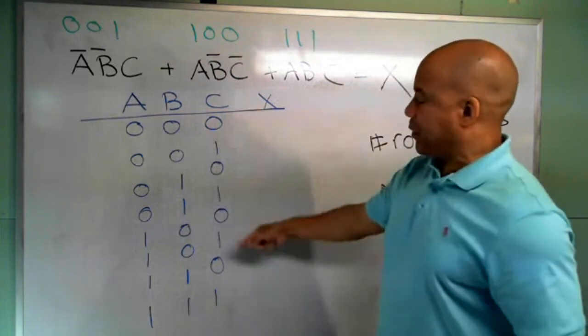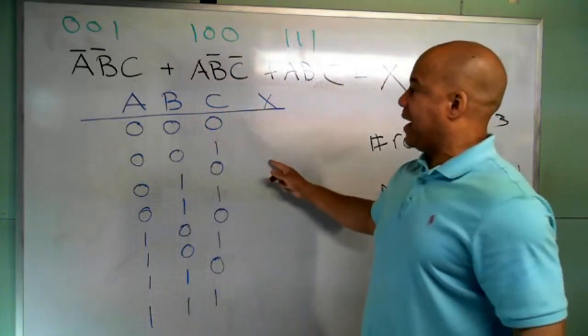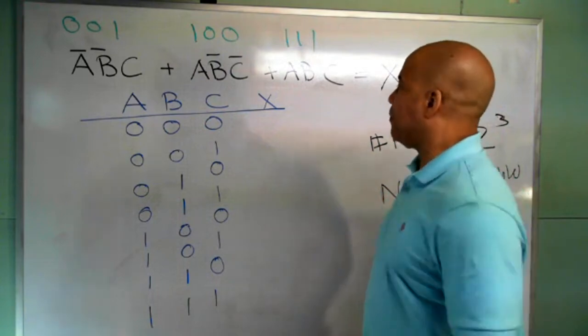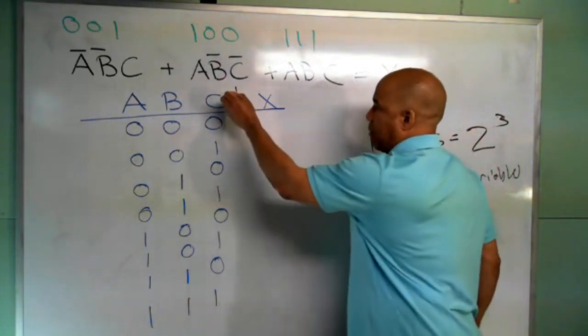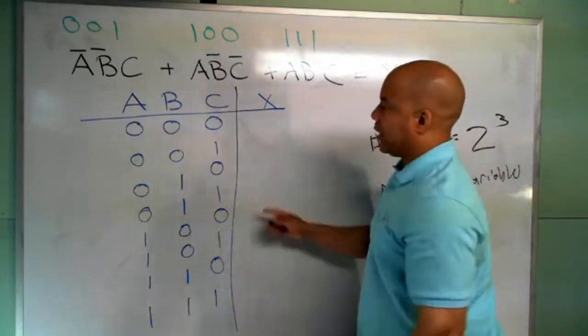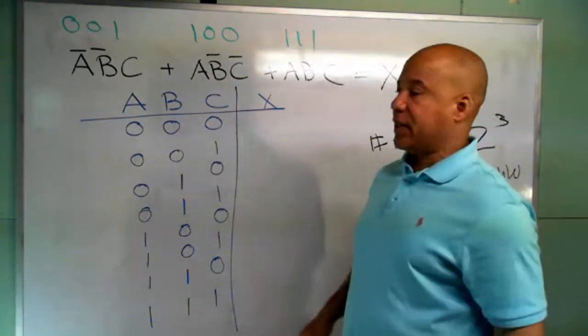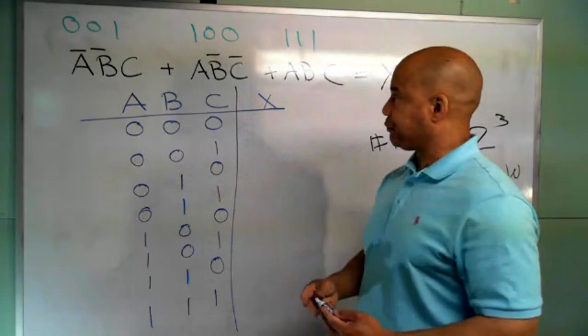You want to make sure you put your truth tables in this order. If not, then your solutions will disagree with my solutions, and that'll be a problem. So I'm going to put my bar here, and by doing it that way, what you get is all the possible combinations for A, B, and C. You're guaranteed to get it if you do it the way I just showed you.